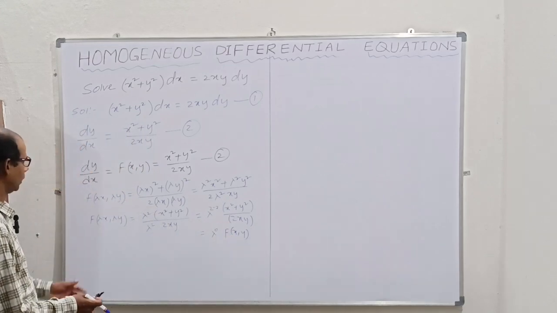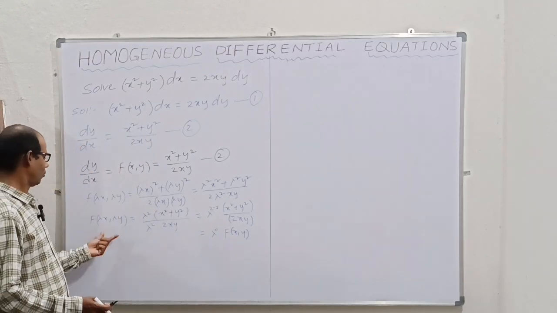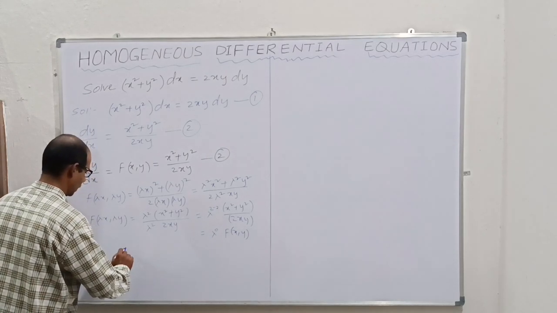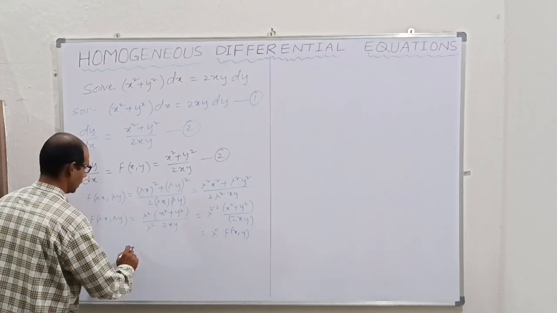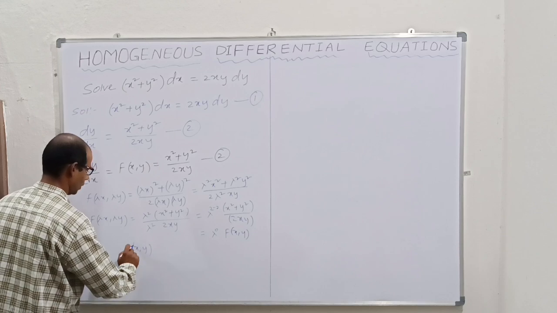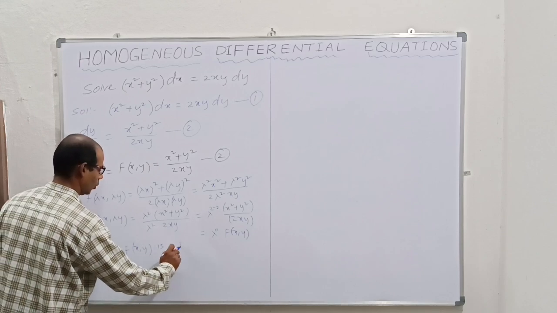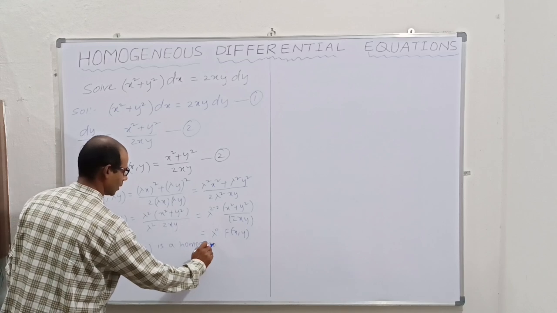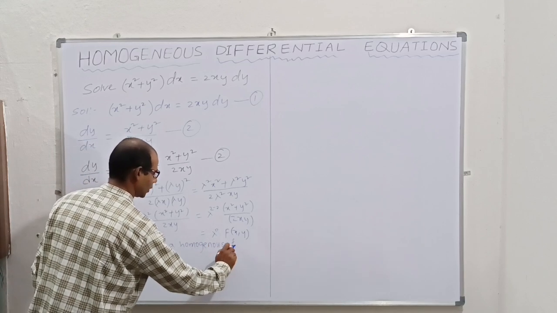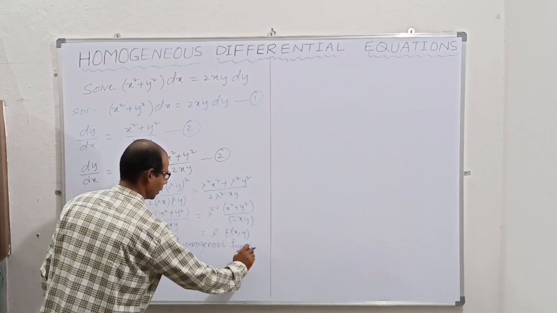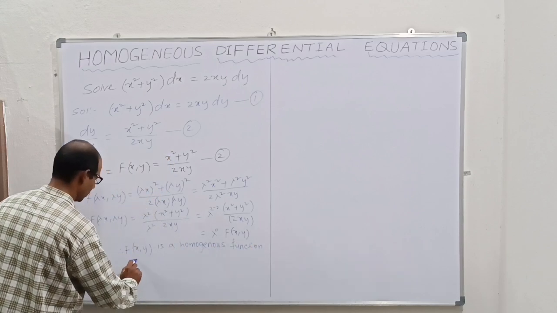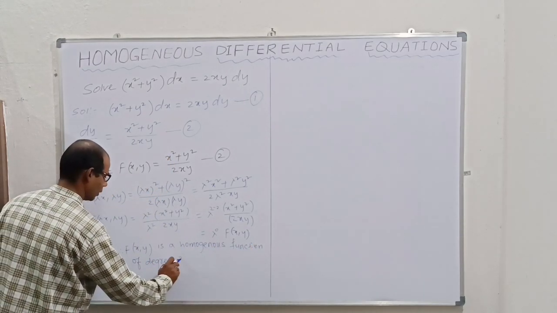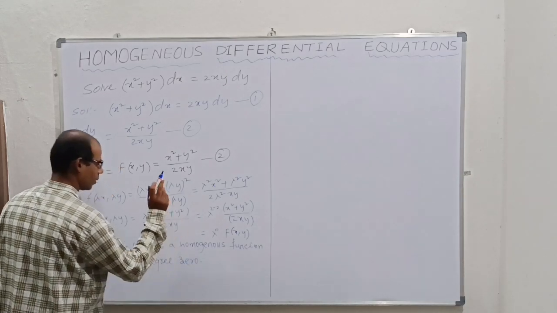So therefore this function is a homogeneous function, f of x comma y is a homogeneous function of degree 0, right?